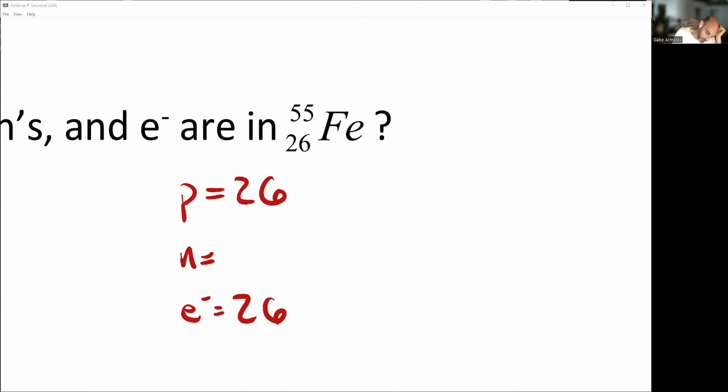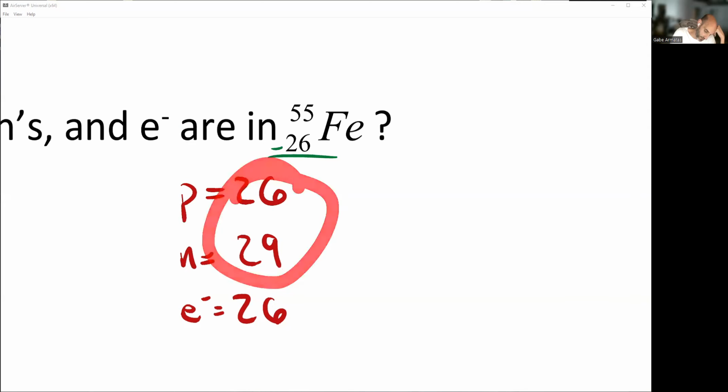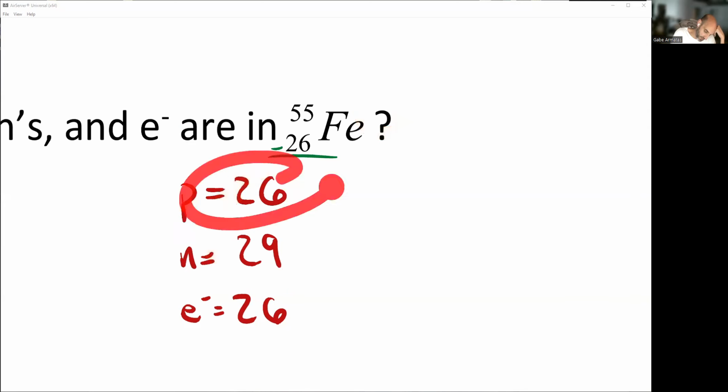And finally, the difference between those two, 55 minus 26, is 29. So 29 neutrons. And again, those things have to add up to give me 55. No charge in the corner, meaning the protons and electrons have to be the same.